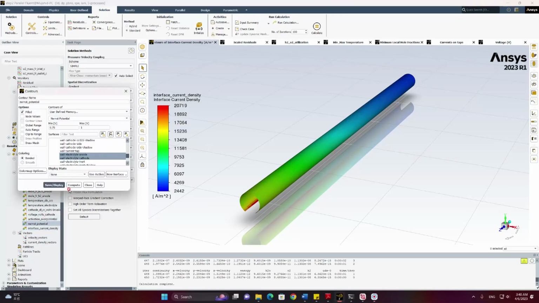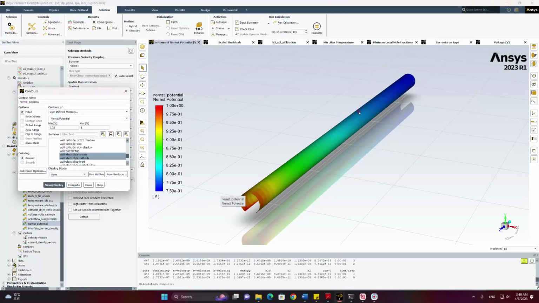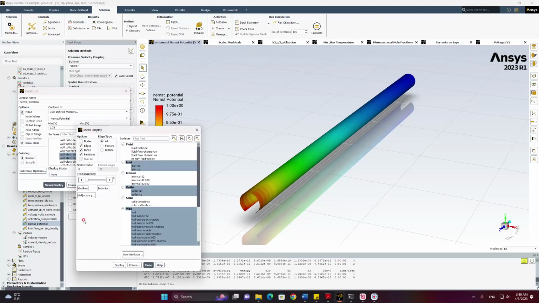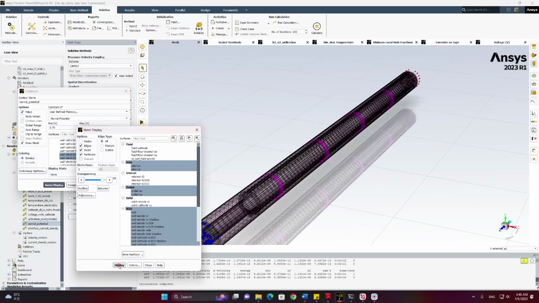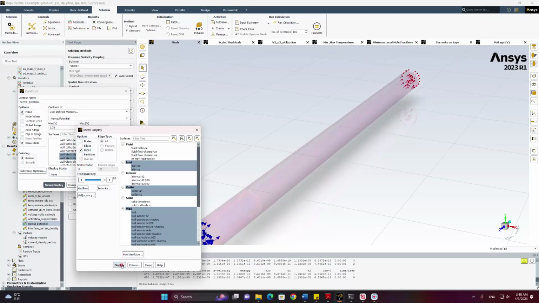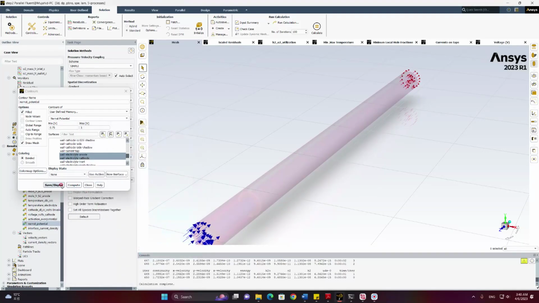Nernst potential. You can also draw the mesh like given in there. You can draw the mesh and display, but transparency we can have up to 90%. Display, no edges, partitions, close.